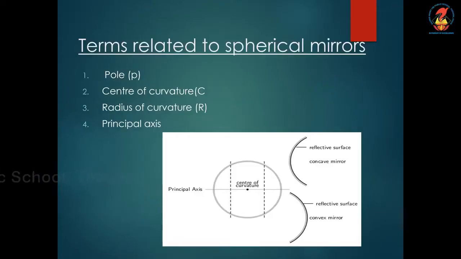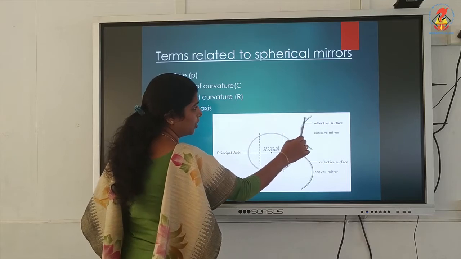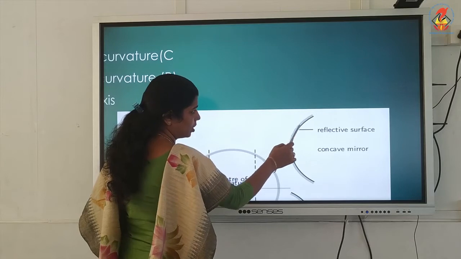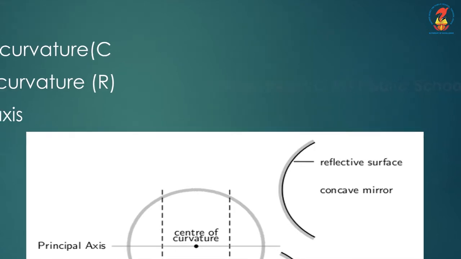Now, here you can see, this is a concave mirror. This darkly shaded portion will reflect the light, and it's curved inwards.